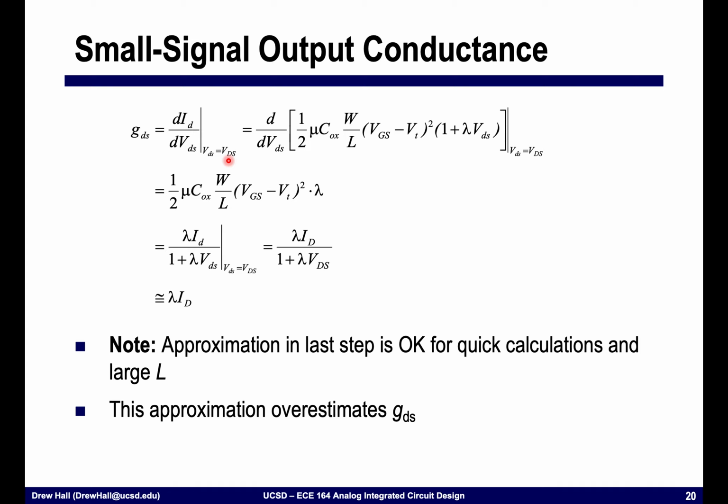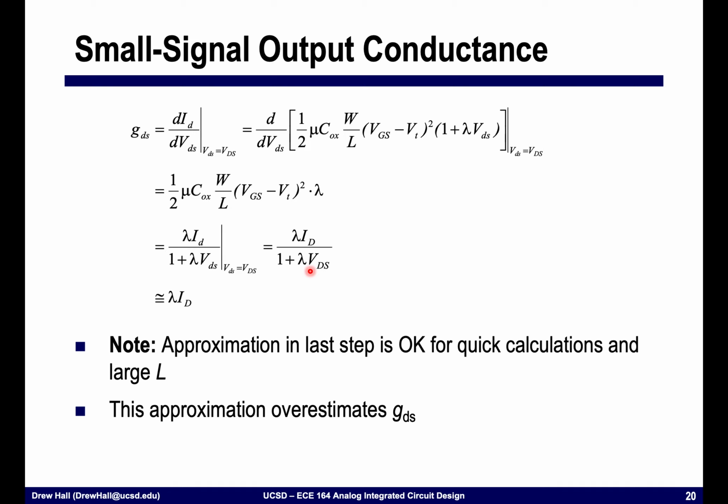And what I find is that my GDS is equal to ID times lambda, okay? Where I again can come back to this expression with VDS, and I get that GDS is approximately equal to lambda times ID. Okay, and so again, we're just taking the Taylor expansion of this expression.